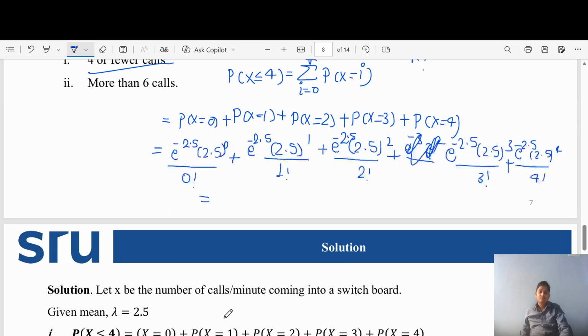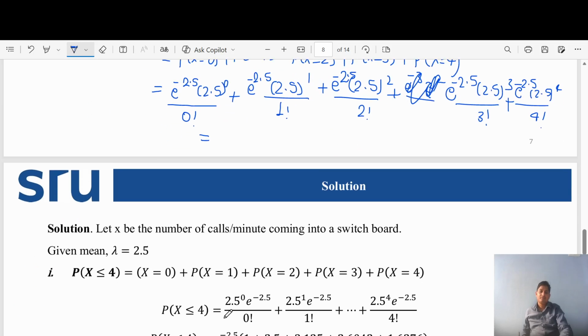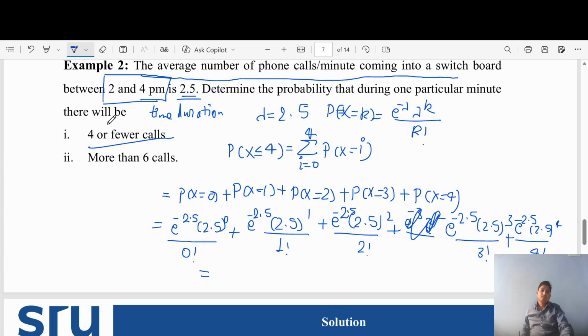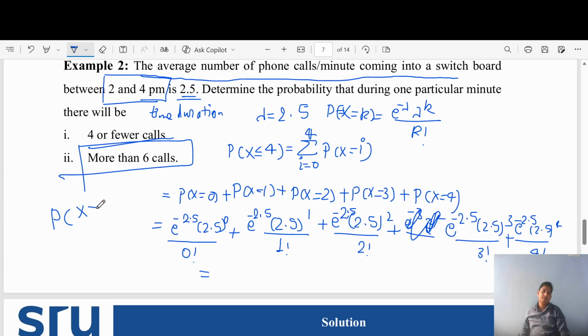Okay. So it is written here; you can evaluate P(X = k). Now, more than 6 calls. More than 6 means P(X > 6). So how do we evaluate it?